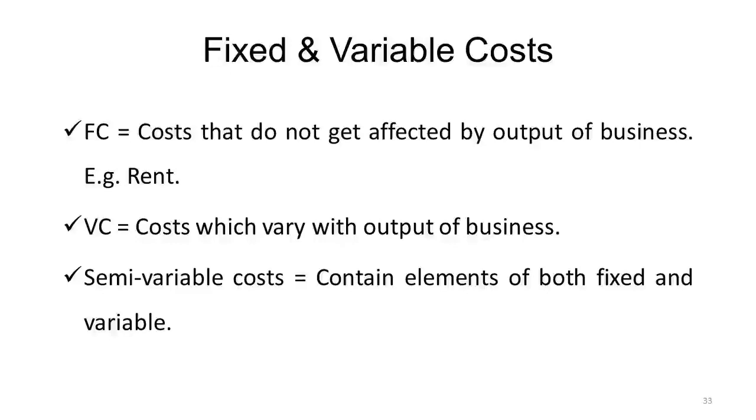If you make 2000 shirts, you get a bill of 20,000 rupees. Now each month, 10,000 is the fixed cost of the electricity, and the variable cost of the electricity is based on the number of pieces that you are making. The more pieces you make, the more time you are using the machine, and the machines are running on electricity. So electricity is a semi-variable cost because it has a fixed cost as well as a variable cost.